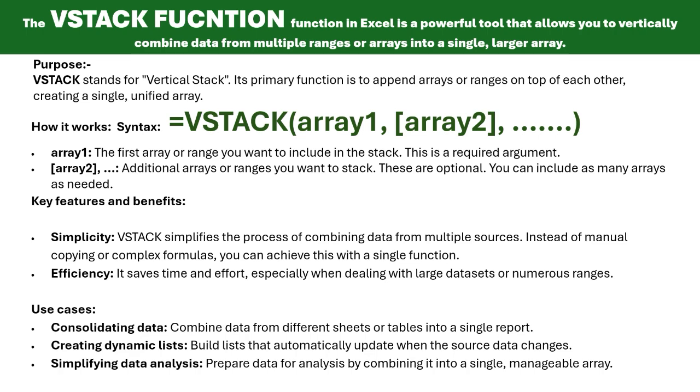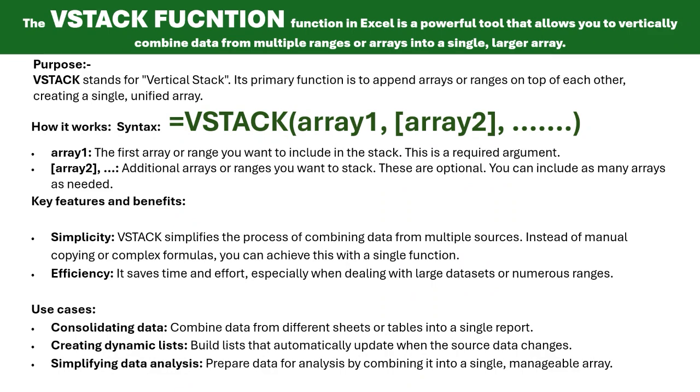This is a required argument. What is array 2? Additional arrays or ranges that you want to stack. These are optional. You can include as many arrays as needed. It means you can add many more: array 1, 2, 3, 4, 5, 6, 7 and many more.